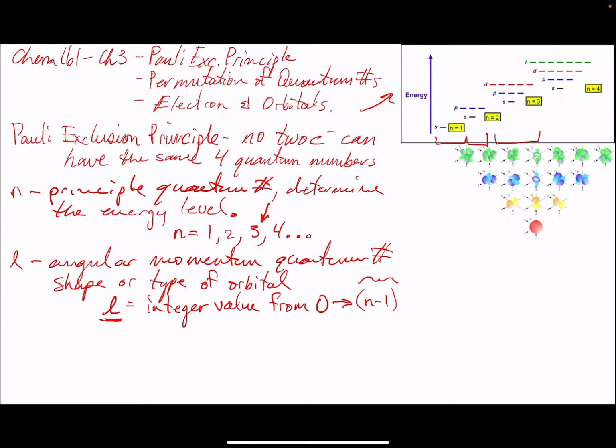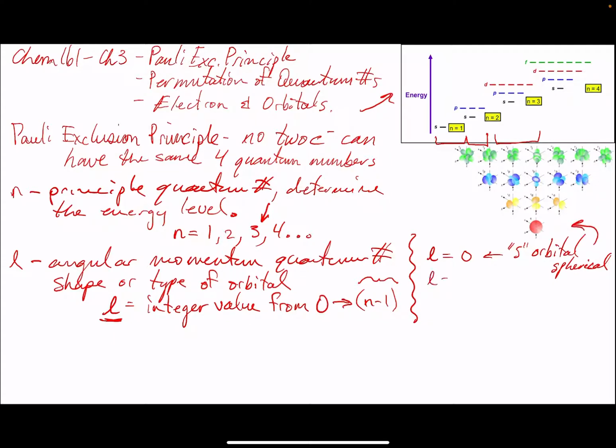When we have examples like that, for an l option that equals 0, we will assign this the letter s. So this will indicate an s orbital, which is spherical in shape. Okay, and we see one of those right above.